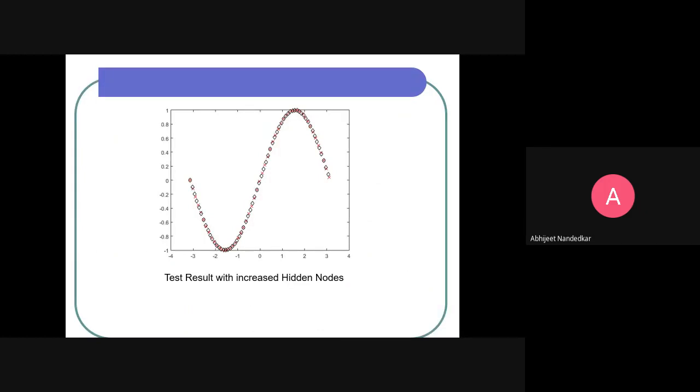By increasing hidden nodes, you will see that better results are observed. Okay. So if you write a program like this, you can try different combinations of neurons. I think 10 neurons are sufficient to get a proper sine function.